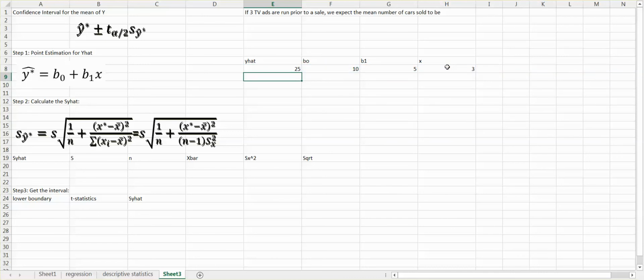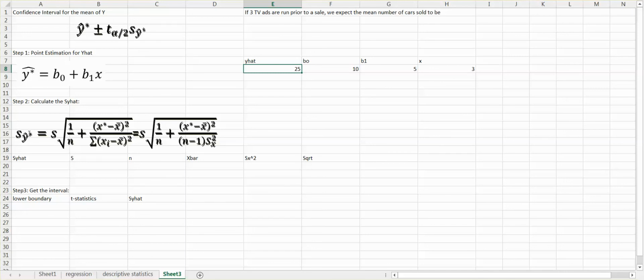Then we get 25, which means if 3 TV ads are run prior to the sale, we expect the mean number of cars sold to be 25. So we got 25 for y hat, which is the first component for our confidence interval for the mean of y. Now we want to figure out the other component, sy.